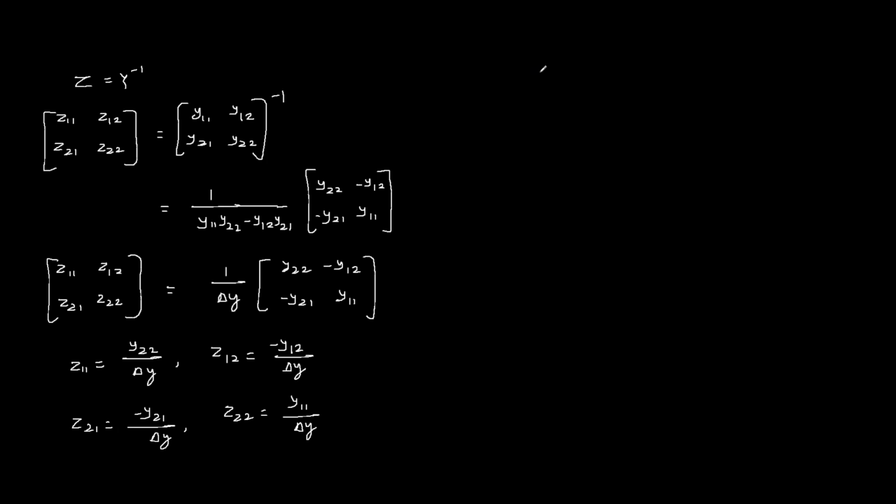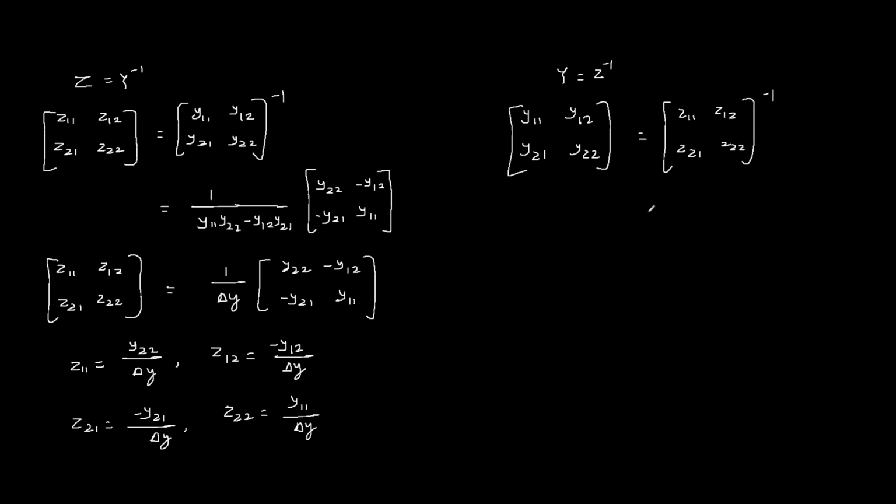Now we can make another conversion also, where y is equal to z inverse. So y11, y12, y21, y22 is equal to inverse of z11, z12, z21, z22, and the inverse is 1 by determinant of this z matrix, and then adjoint, which is z22, z11, and then minus z12 minus z21.